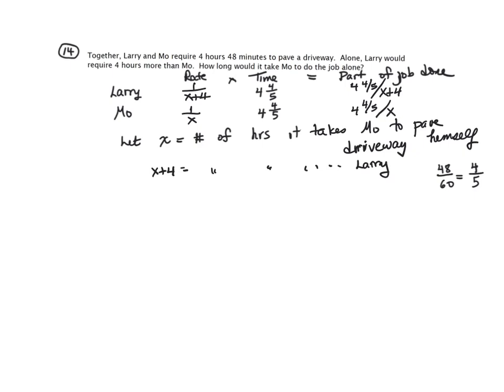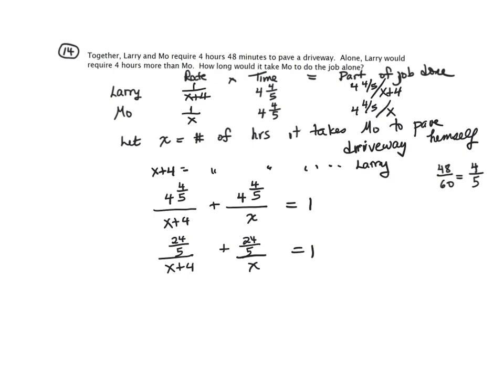So the equation would be 4 and 4/5 over x plus 4, plus 4 and 4/5 over x, is equal to 1. Now let's change 4 and 4/5 to an improper fraction, and that would be 24/5. So we have 24/5 over x plus 4 plus 24/5 over x equals 1.